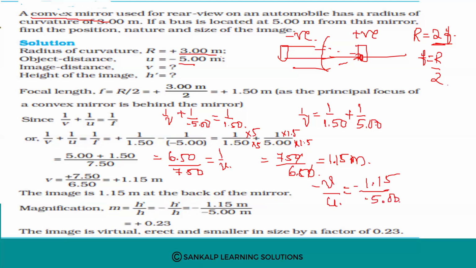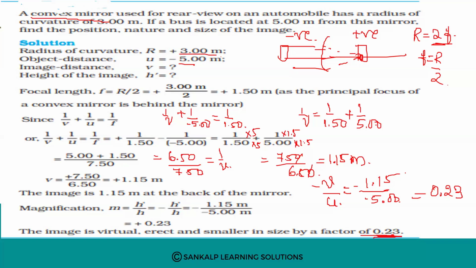So 1.15 divided by minus 5; minus will get cancelled, then we get 0.23, that is positive. So plus 0.23. The image is virtual, erect and smaller in size by the factor of 0.23.